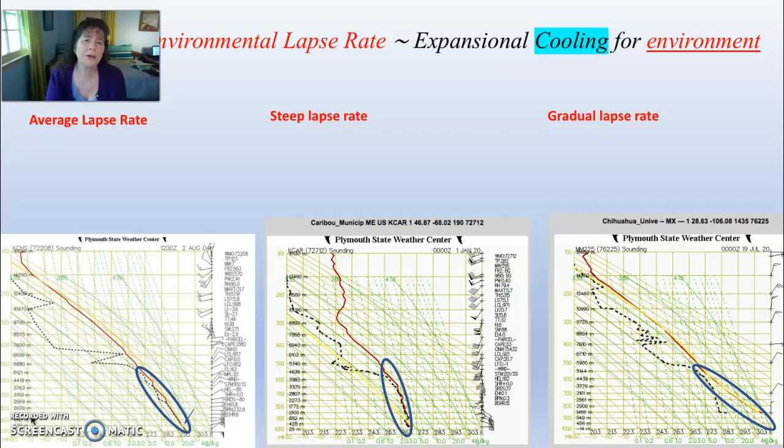So while we just learned about expansional cooling, now you're seeing a graphical representation of it in the atmosphere every day. And I want to contrast that with another process that we're going to name now.